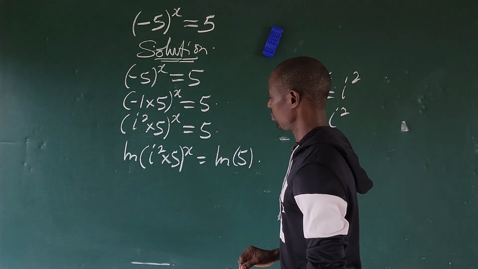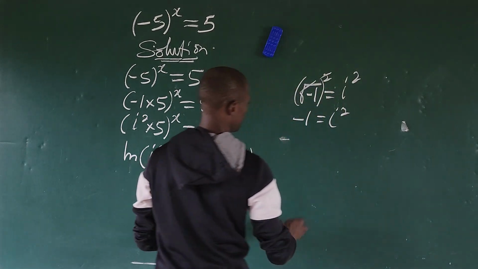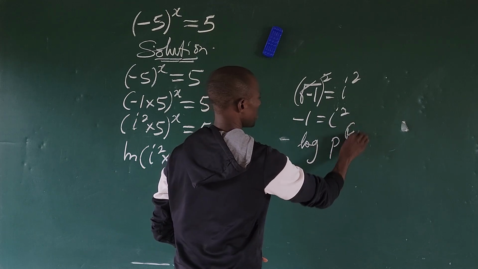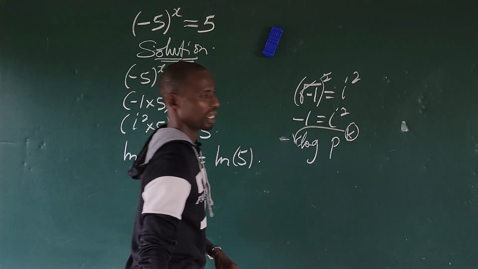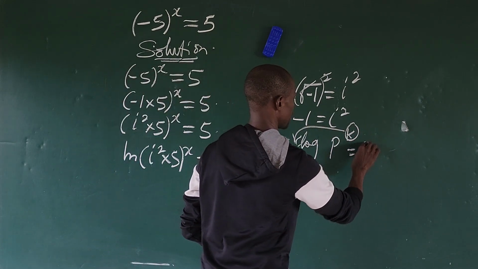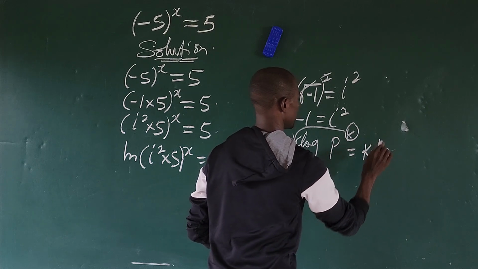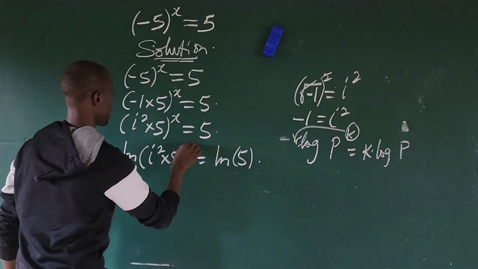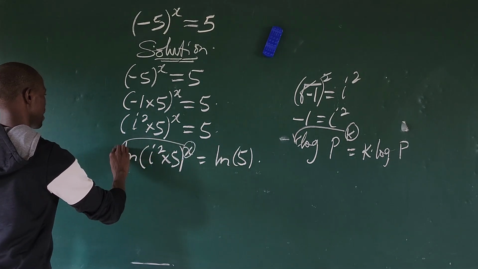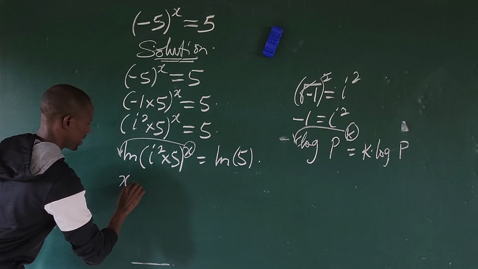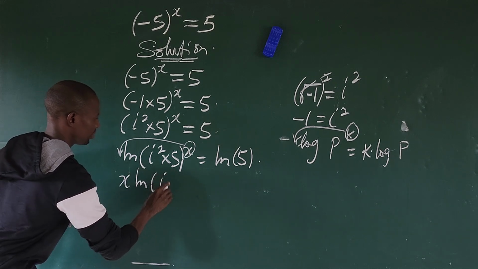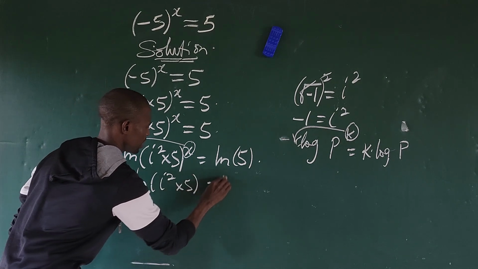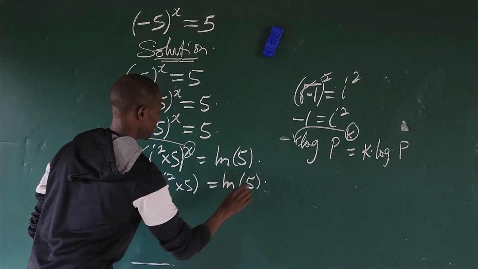We can apply the law of logarithm, which says that if you have log of p to the power of k, move this exponent to the front, so this will now give us k times log p. So let's apply that here. We have to move this to this side of the equation. So this is going to give us x times ln(i² × 5) = ln 5.